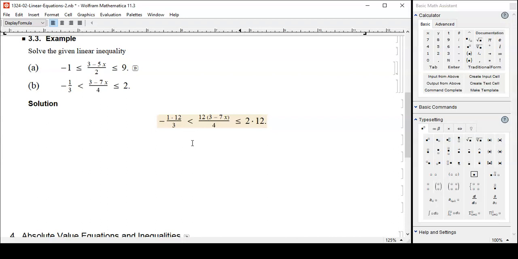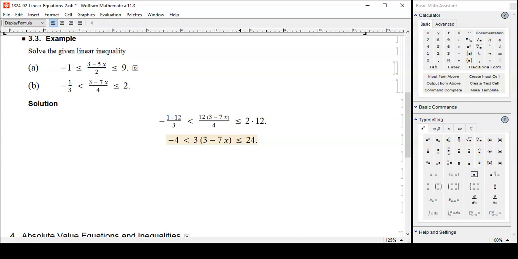Okay, next. 12 divided by 3, negative 4. And 12 divided by 4, that's 3. 2 times 12, that's 24. All good so far? So step 1 complete.